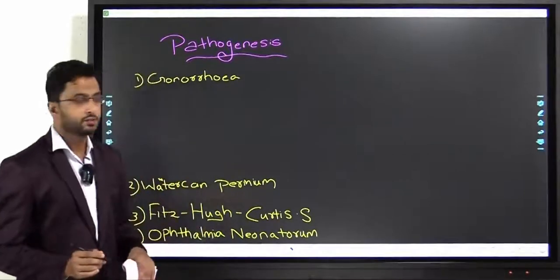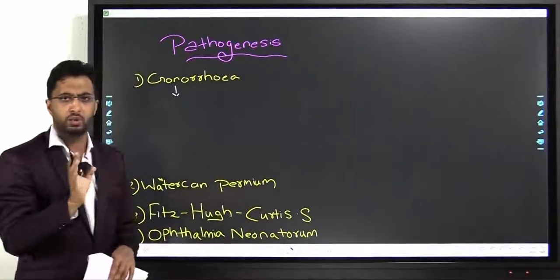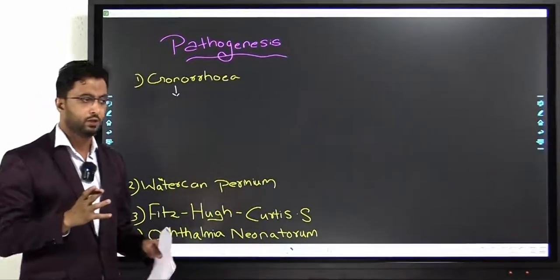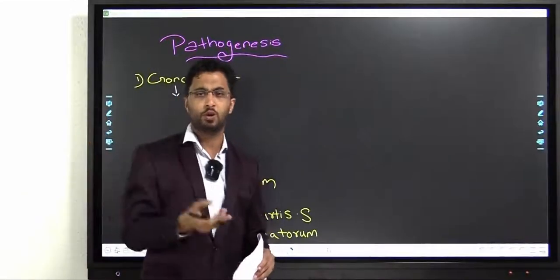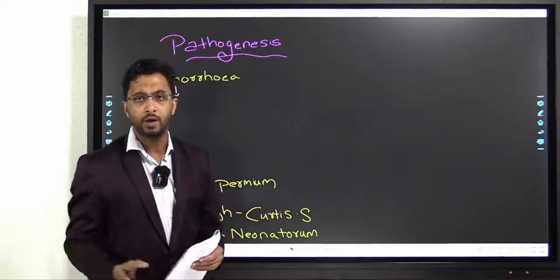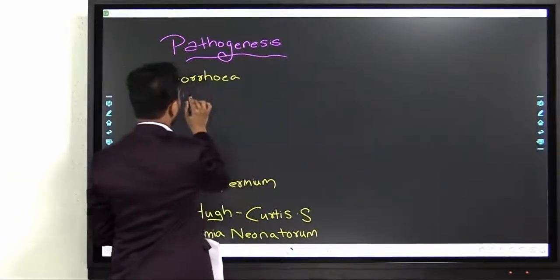Now let us discuss them one by one. The name gonorrhea means flow of seeds, because while the person is urinating, you will see a flow of the organism. Now, its symptoms are very important.